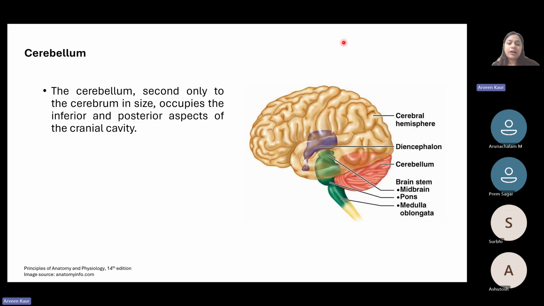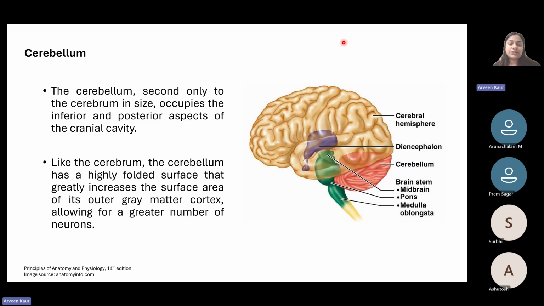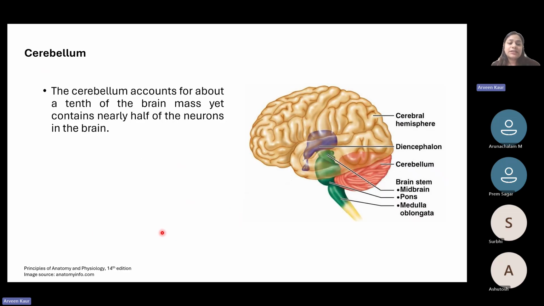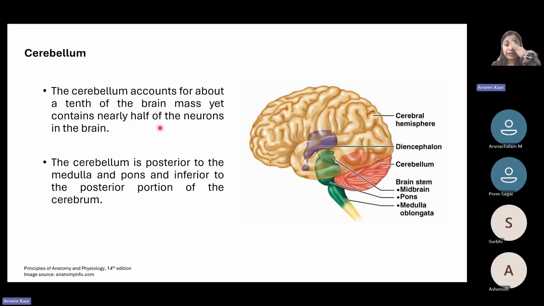Like the cerebrum, the cerebellum has a highly folded surface that greatly increases the surface area of the outer gray matter cortex, allowing for a greater number of neurons. The cerebellum accounts for about one tenth of the brain mass, yet nearly half of the neurons in the brain. Right, so it is only 1/10 of the actual region of the brain, but still it contains around half of the neurons in the brain.